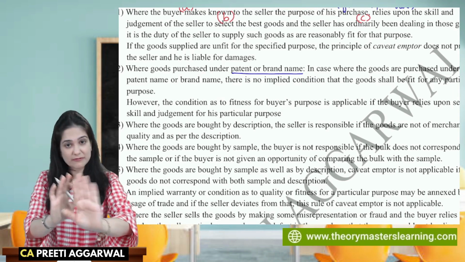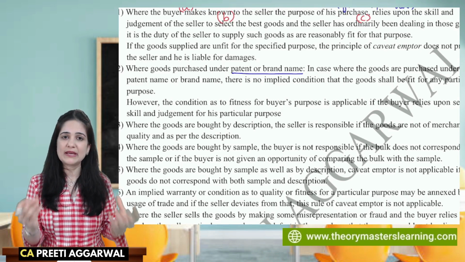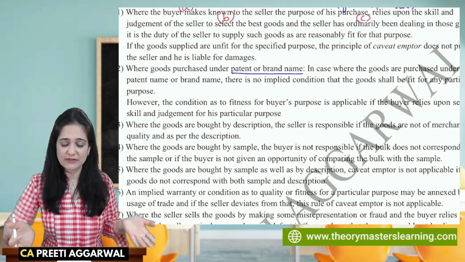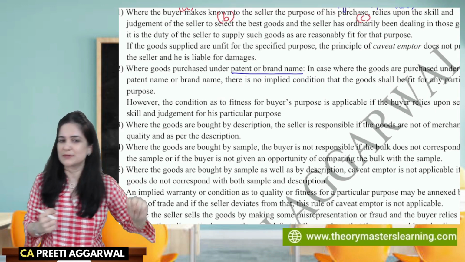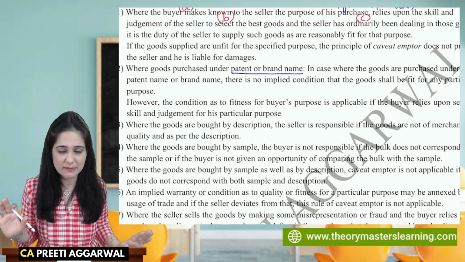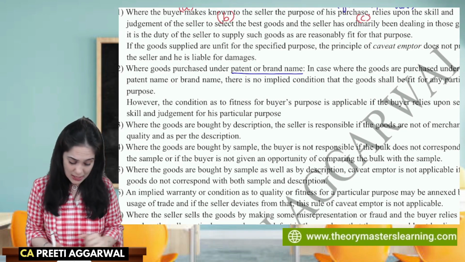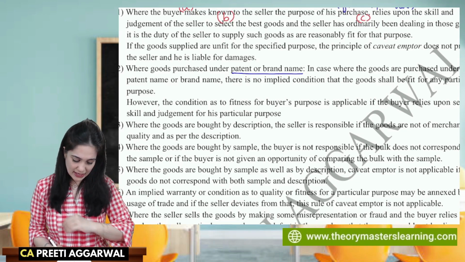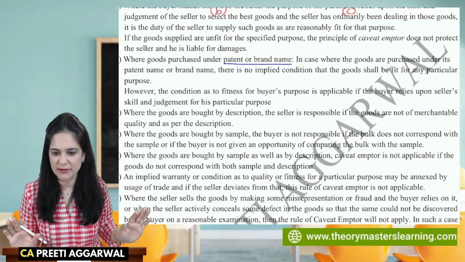But what if, variation, I went to the chemist and I told him, please give me a health drink that will improve my health, it will make me very strong, and he suggested Bonvita. Then if I find no improvement in my health, can I blame the shopkeeper in this case? Yes. So if we rely upon the brand name or trade name, then there is no implied condition that the goods shall be fit for the purpose.